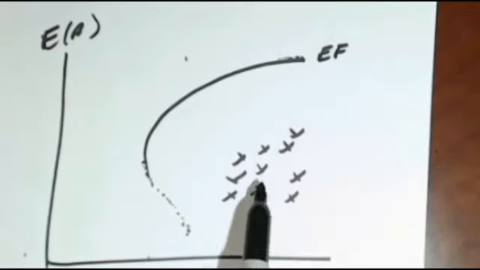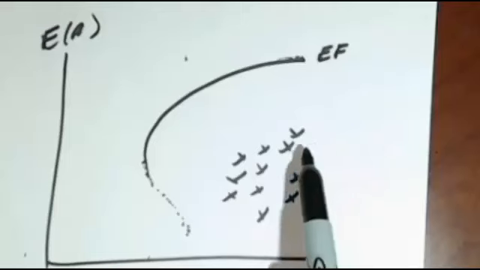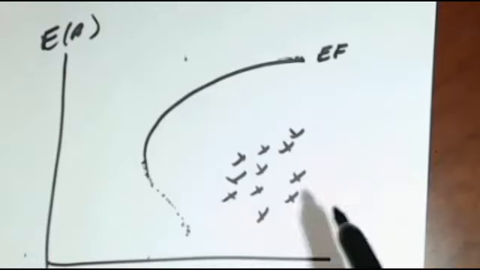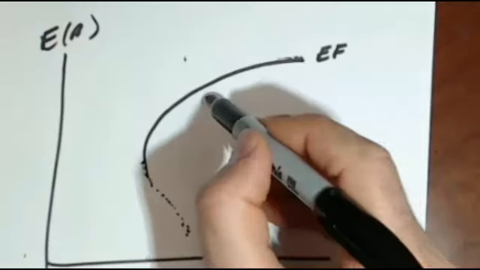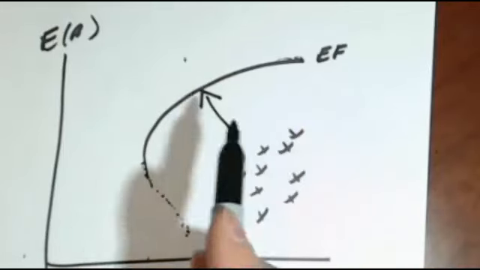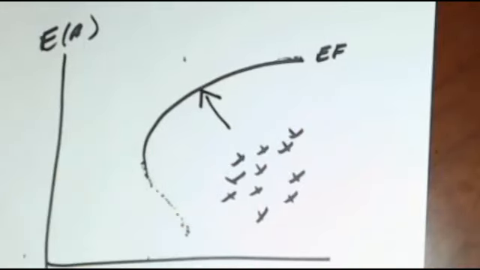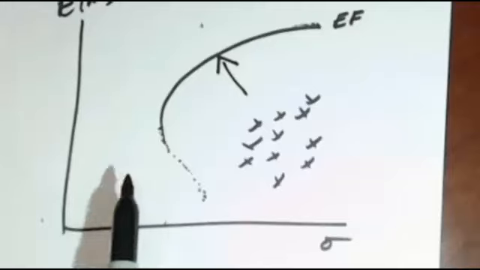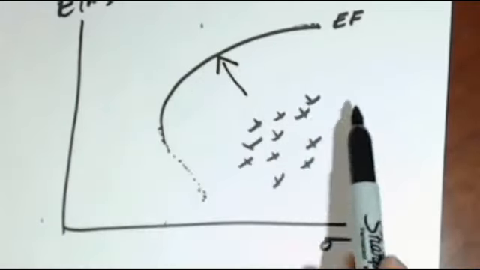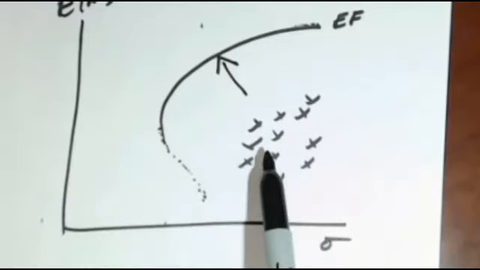But what I'm doing here is forming portfolios of all of these stocks, and when you form portfolios of stocks, you get benefits of diversification that move you out in this direction. And the best you can do in terms of getting high returns and low risk is this efficient frontier. Out here is unattainable, in here is attainable but inefficient.